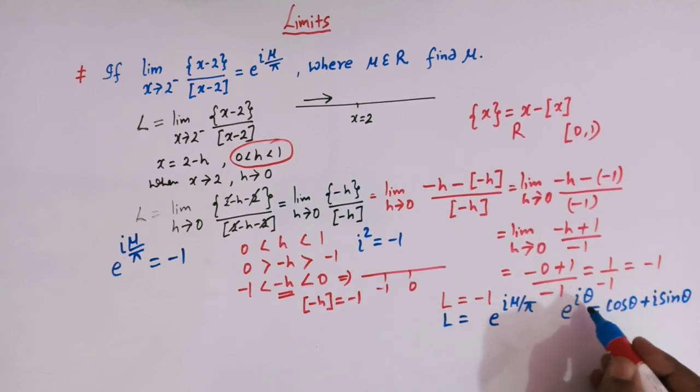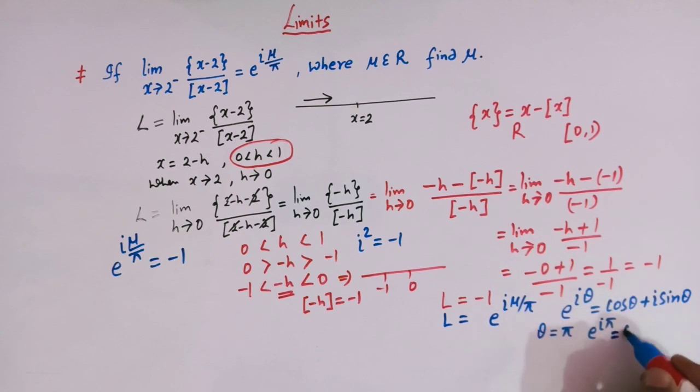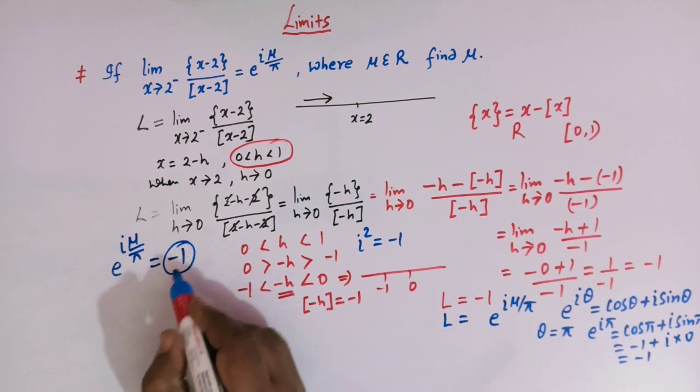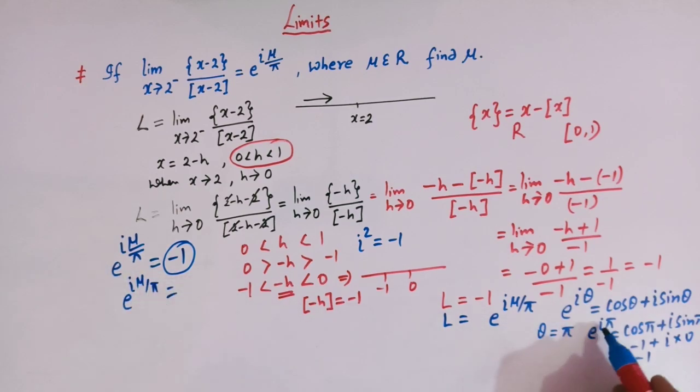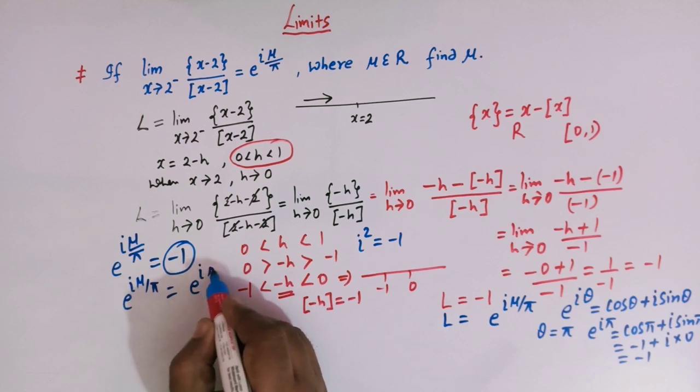And see, if we take theta is equal to pi here, we'll get e raised to iota pi, and here we have cos of pi plus iota sine pi, and cos pi is minus 1, sine pi is 0, so we are left with minus 1 plus i times 0, that is equal to minus 1, right? So now this minus 1 can be replaced, we can write e raised to iota pi, right?